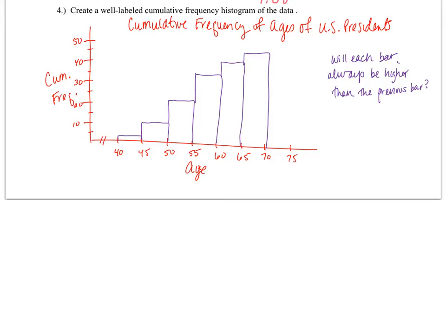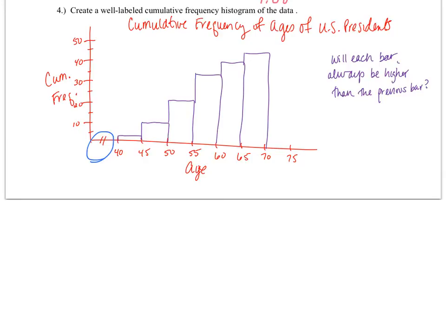I want you to notice when you look at this diagram that first of all the bars are touching. Second of all, notice this double hatch mark that we have here, and that shows that my axis starts at 40 and part of my axis has been removed. We can see that we have labels on all of our axes and a title for the graph. Now there's a question posed to the right that says, will each bar always be higher than the previous bar?